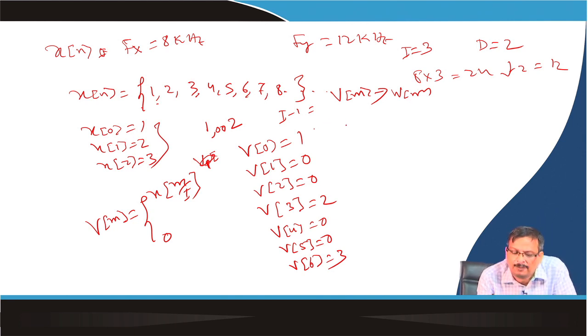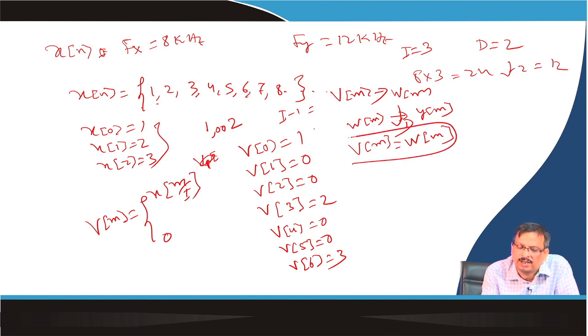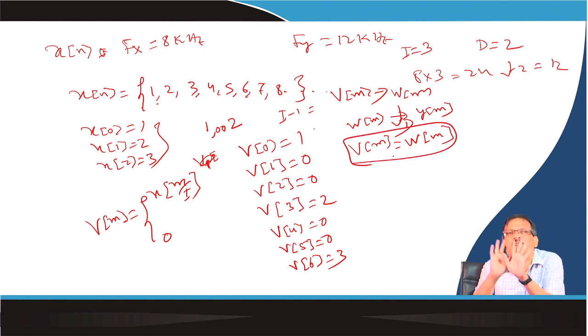Once I get W of m from V of m, I have to get Y of m, which is a downsample by 2, so I am not taking all the samples. Let us say W of m is equal to V of m, considering the filter is equal to 1.